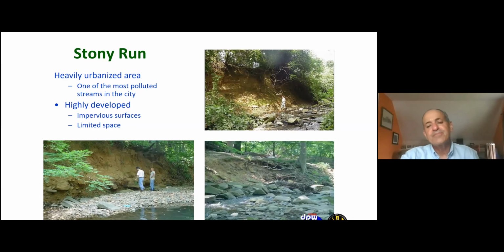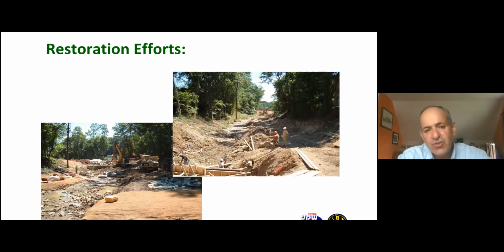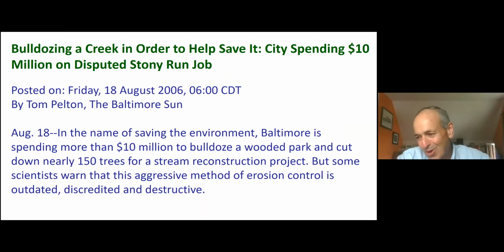Here's how this is going to work over time. And they did that. And when they got out there to do the restoration, these are big projects, and so there's a lot of construction, there's bulldozers, and there's cutting down of trees. And so when the people in the neighborhood saw what this looked like, there was tremendous resistance. Lots of complaining, lots of controversy. And then the great nightmare of all of us who work in the environmental field, an article in the local paper saying, why is the city spending millions of dollars to bulldoze trees?